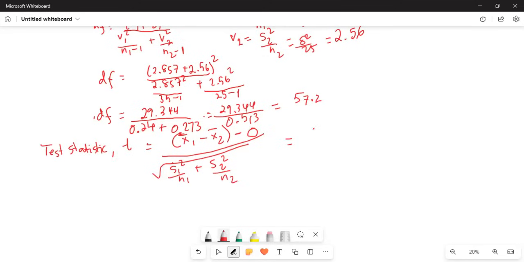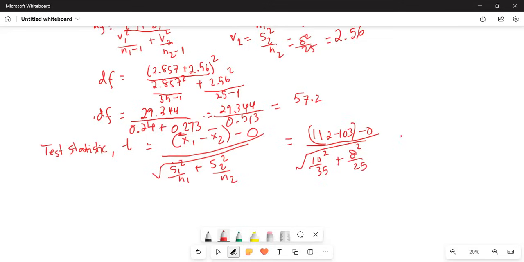So it is 112 minus 103, compared with the hypothesized difference in the population mean to be 0, and then square root of 10 square by 35 plus 8 square by 25, sample size of 25.